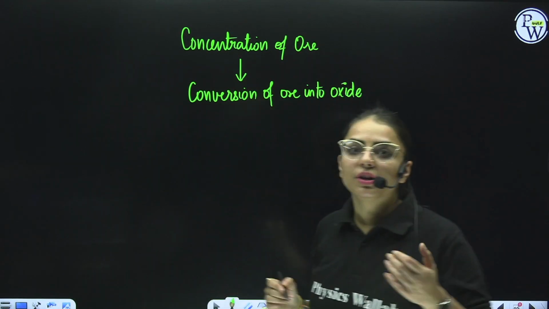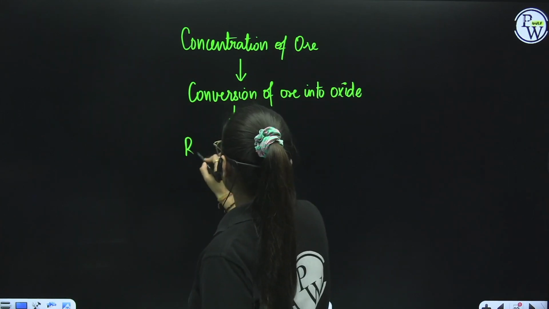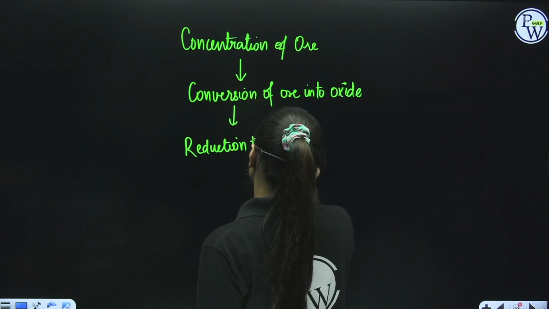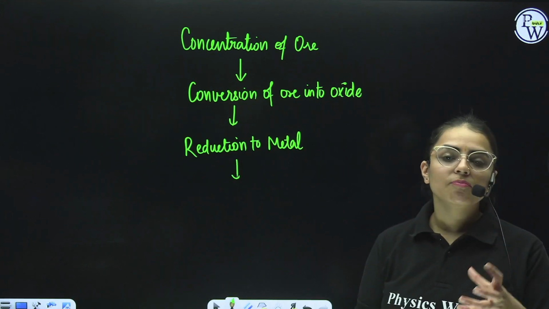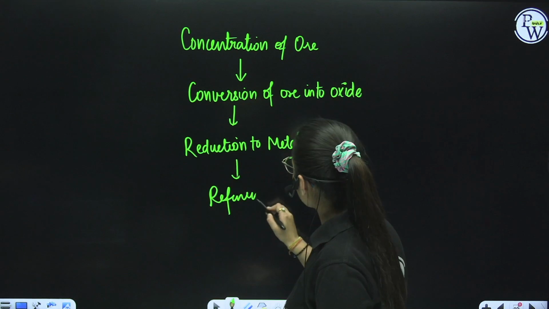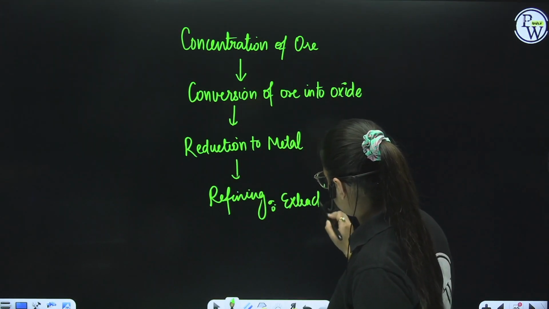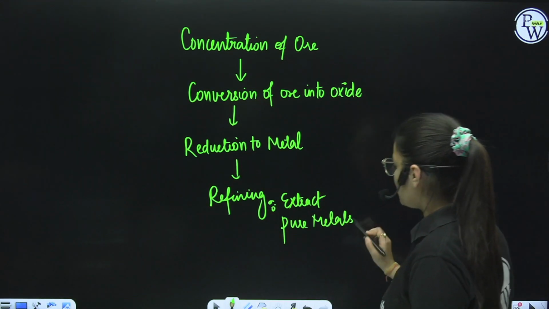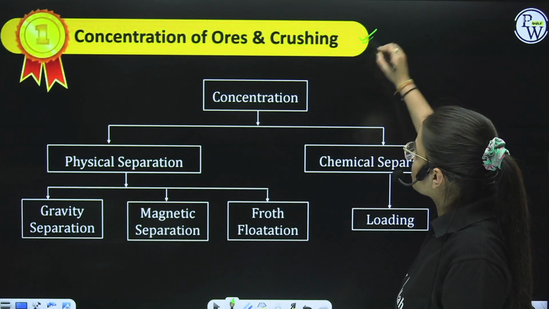When I have converted it into its oxide, we are going to reduce it to metal. Next is refining, and when we do the refining, we extract the pure metals. This is how we are going to start, students. So let us proceed.